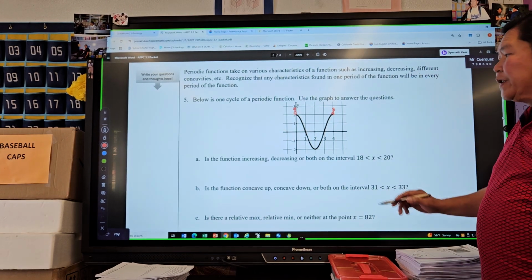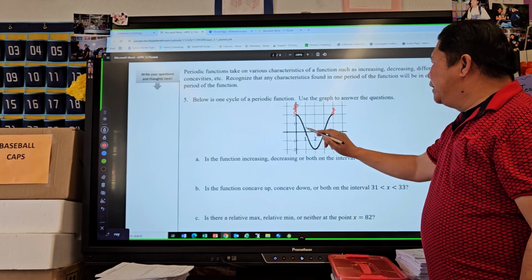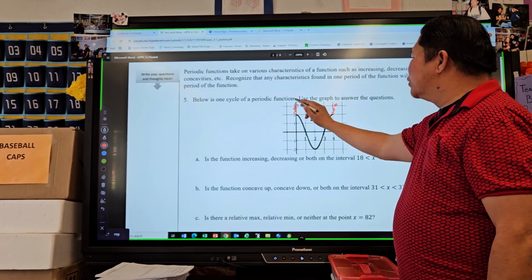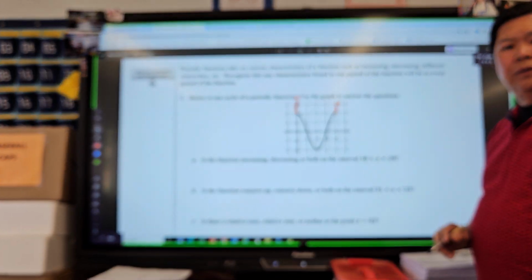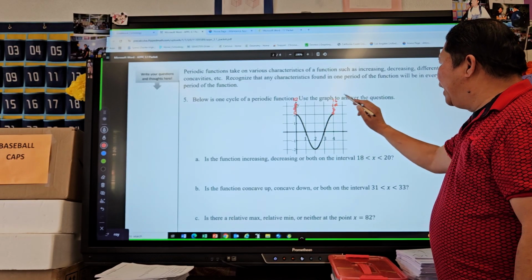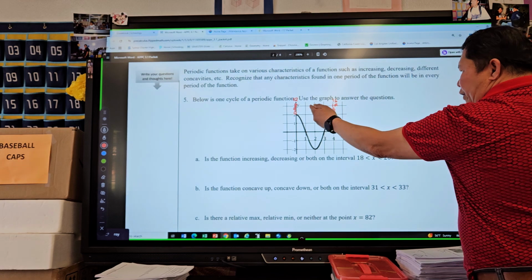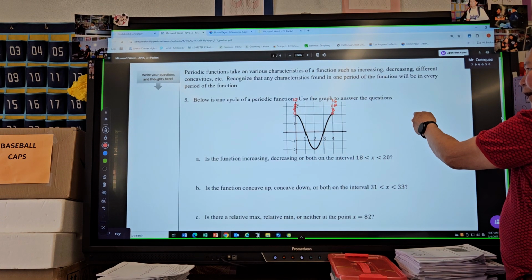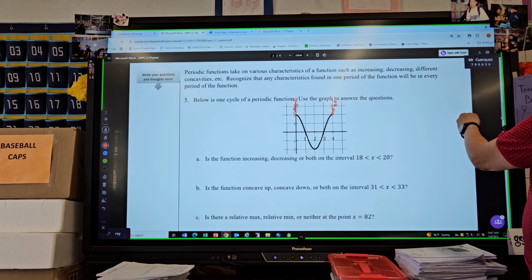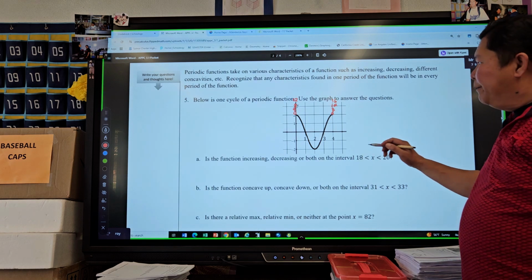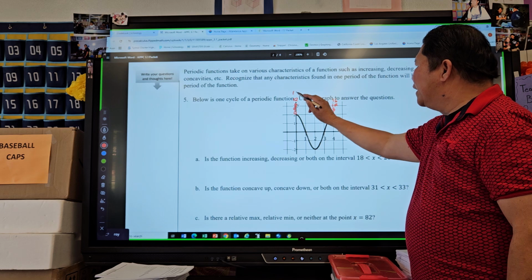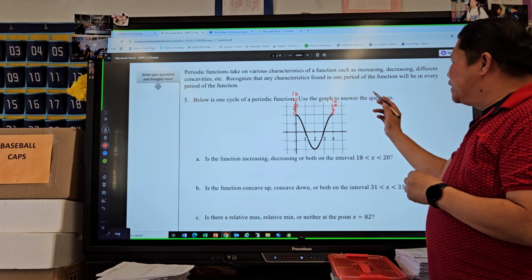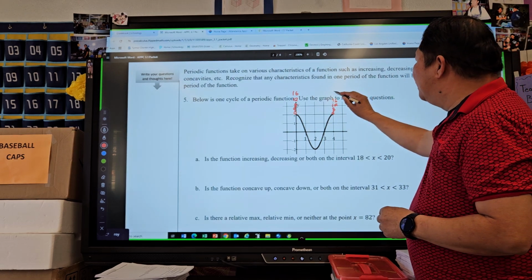And the third cycle starts at 8 up to 12. The next cycle is 12 up to 16. So that means 0 to 4, 4 to 8, 8 to 12, 12 to 16. Therefore, the 16 is right here for the next cycle, right?